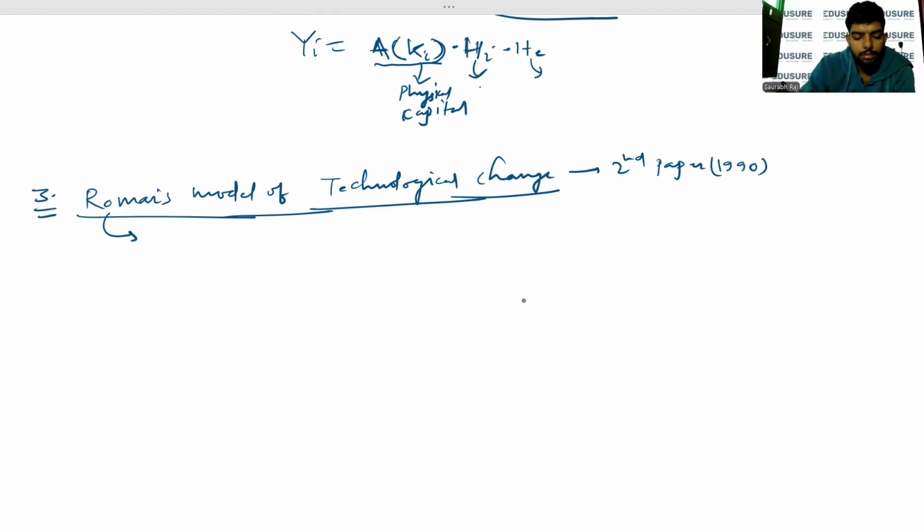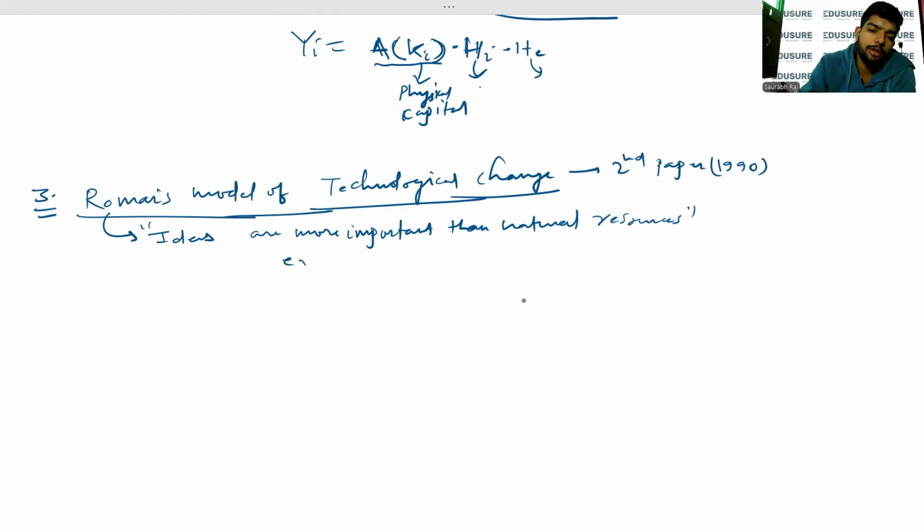And what is the basis for this? The basis is that ideas are more important than natural resources. The main reason behind investment in human capital is that ideas are more important than natural resources. And this was proved by Japan. How? Japan is the best example. It also gave its contribution to the theory of the Asian miracles, where we have Japan, Singapore, South Korea.